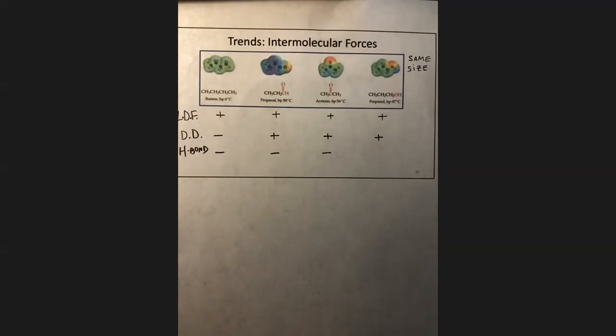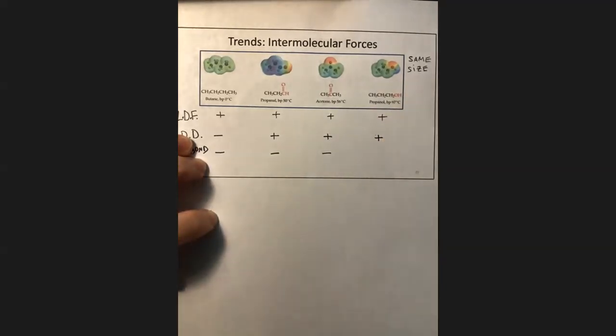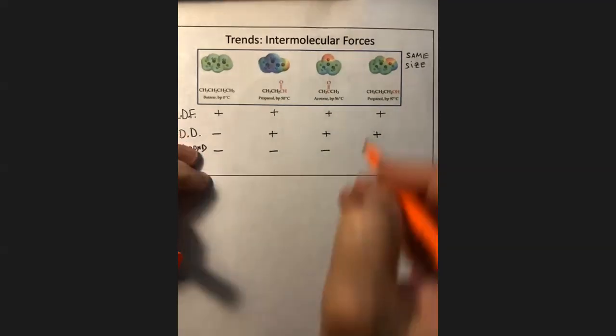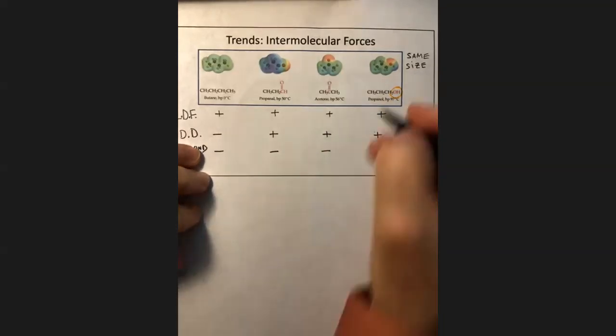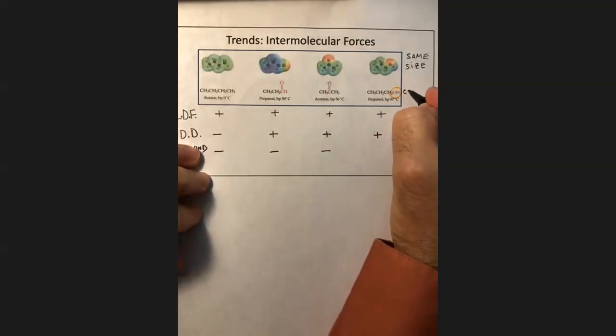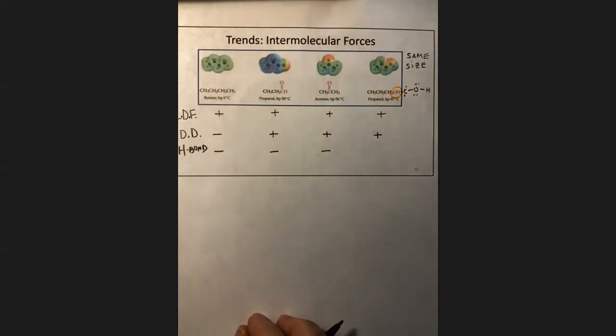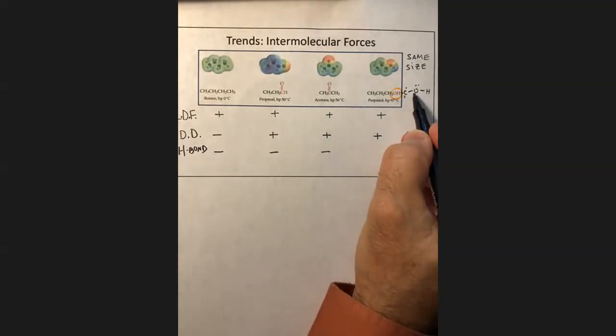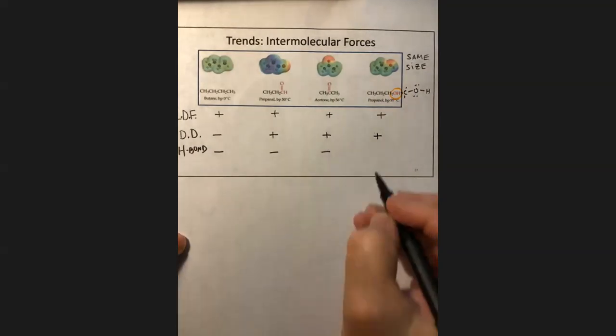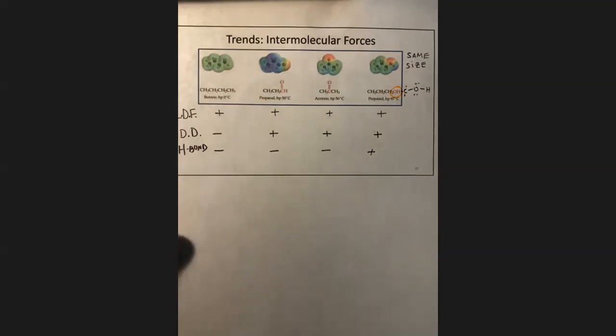You cannot see it here because they didn't draw the structure, but this OH here that we have on the right hand side is actually a carbon, oxygen, hydrogen bond. I'm not going to show the rest of the carbon there. In other words, you have a hydrogen connected to an oxygen in this molecule. That means that these molecules will be able to interact through hydrogen bonding.